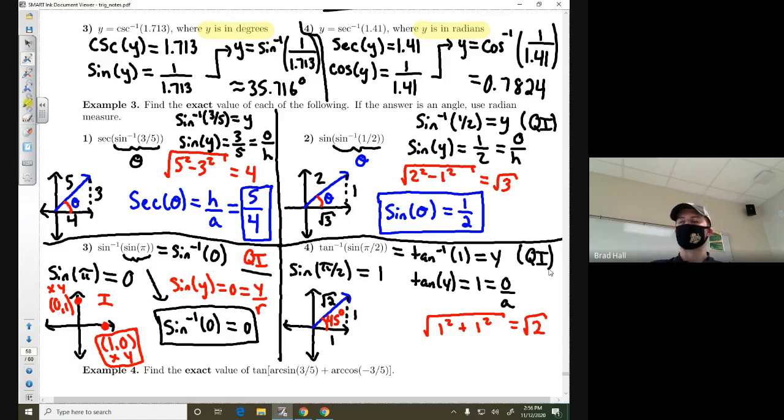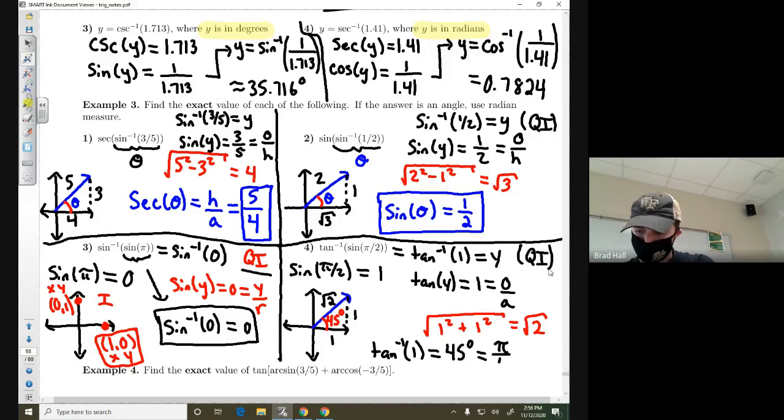Or in other words, the output of an inverse function is an angle. So tan inverse of 1, we recognize the triangle to be a 45-degree angle, but they want the final answer in radians, which is pi over 4. That's right. So that is the final answer for part 4.